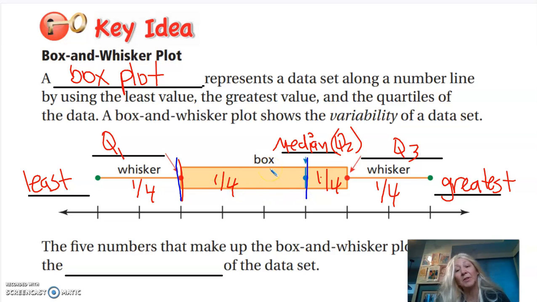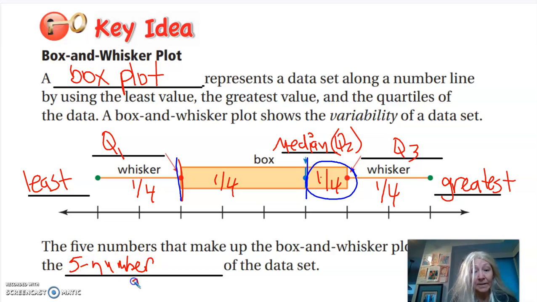That's what the box plot shows us. That means these numbers are not very close to each other, but this fourth of the data, those are really close to each other. The 5 numbers that make up a box and whisker plot are also called the 5-number summary of the data set. Sorry, the writing is a little messy.